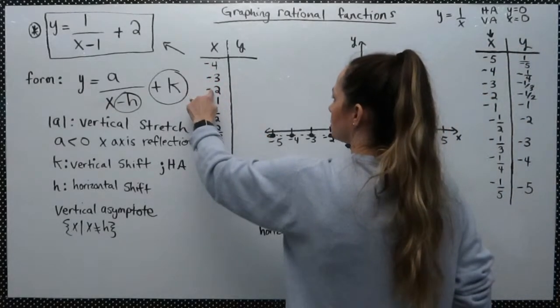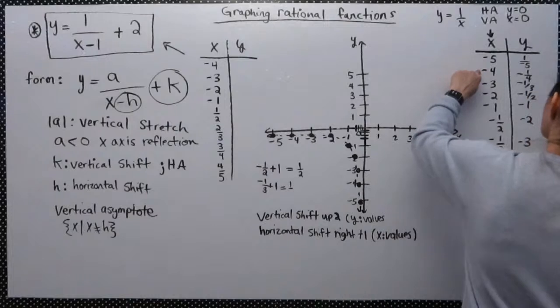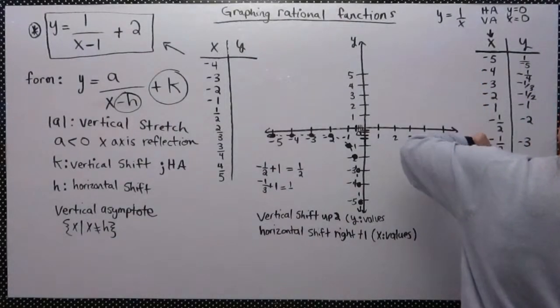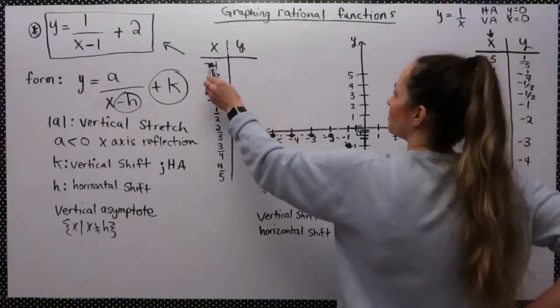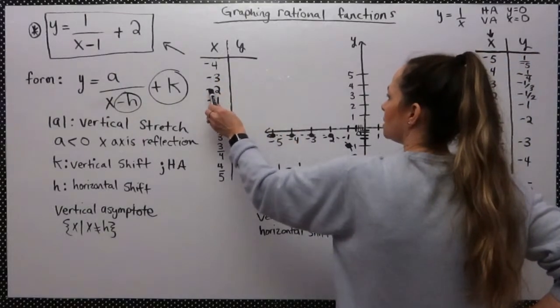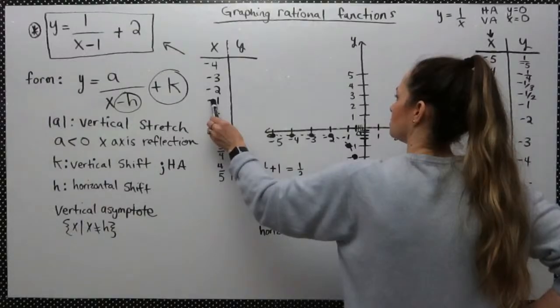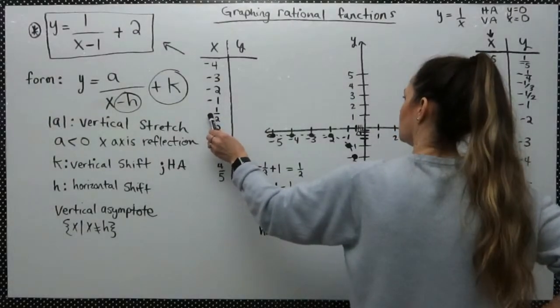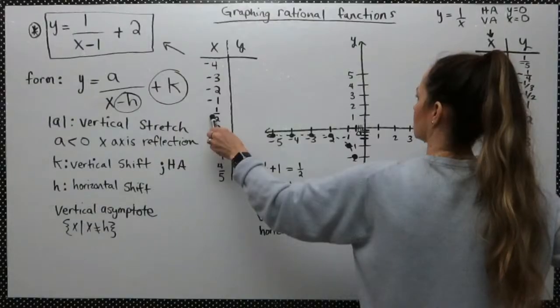All right, so we have to be careful because, let's see, count the points. 1, 2, 3, 4, 5, 6, 7, 8. I skipped one. Okay, so 5, 4, 3, 2, 1. Yeah.